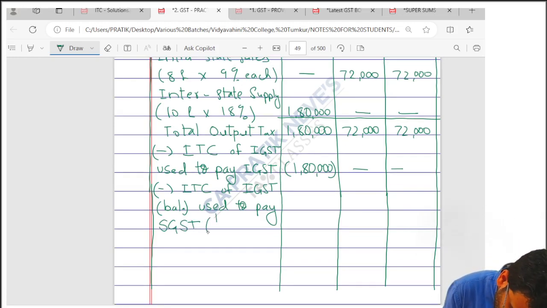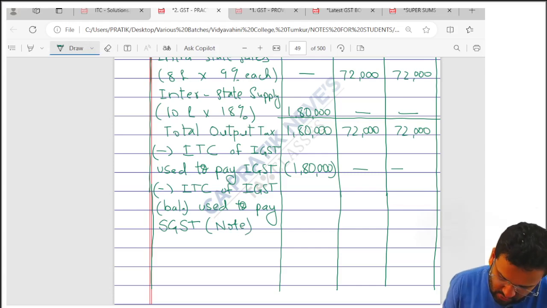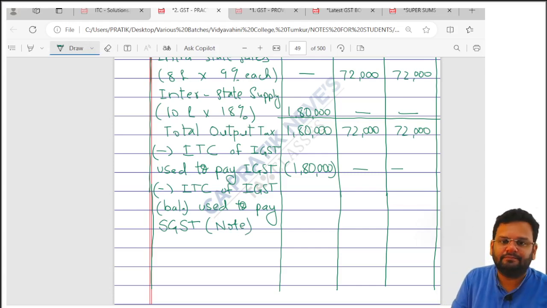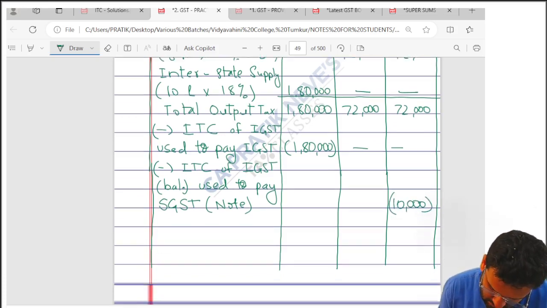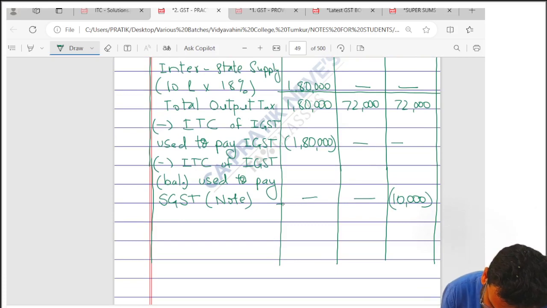Why SGST? Will write a note for that. So how much? 10,000. Now tell me what are the balance GST payable.